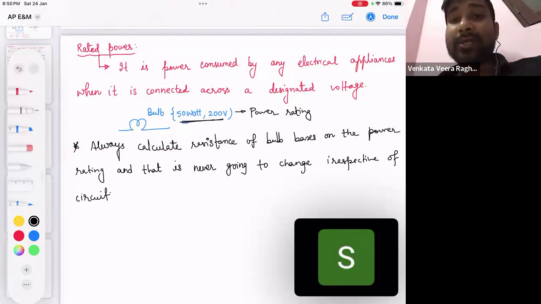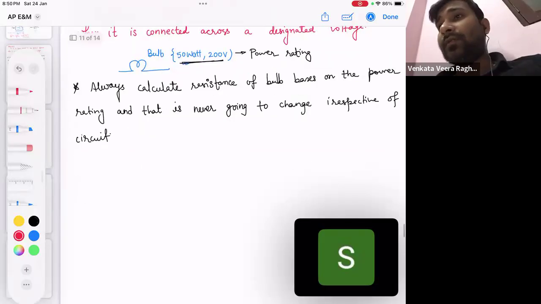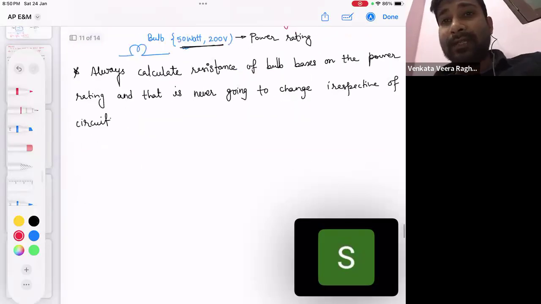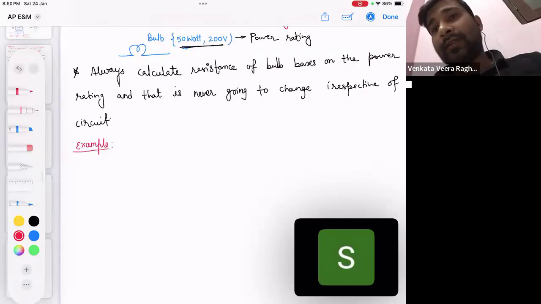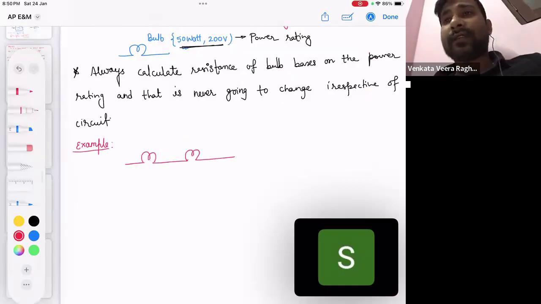So now let's discuss an example and try to understand this one. What is the meaning of this power rating? Let's try to understand with the help of an example. In the question, there is one bulb like this. There is another bulb like this. Let's take a simple series question. This bulb is given 50 watt, 200 volt.